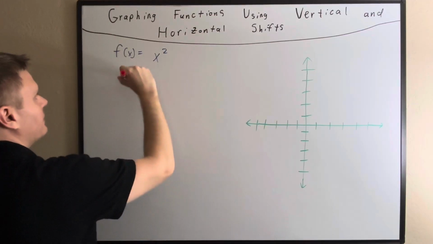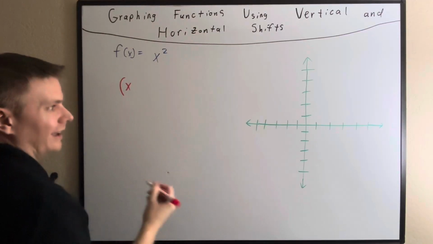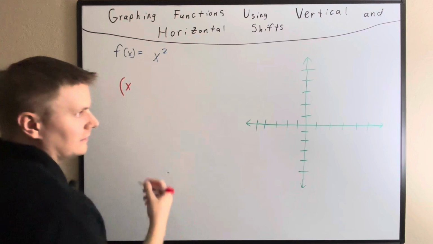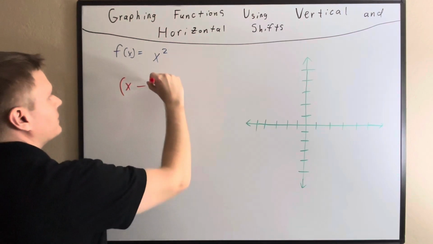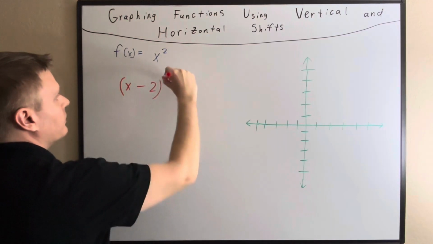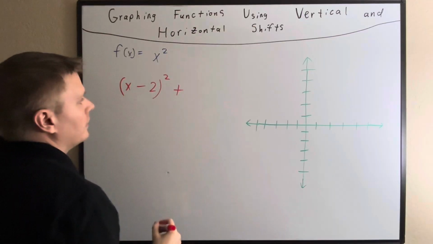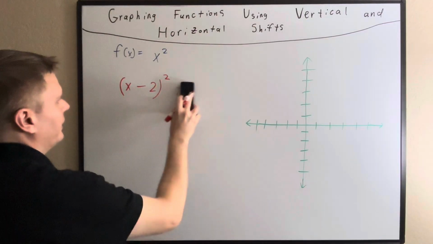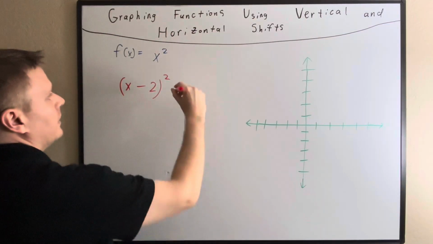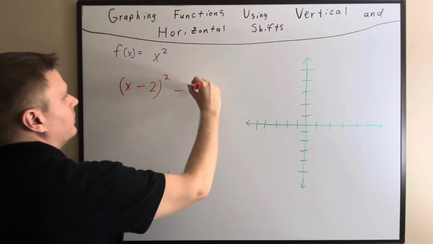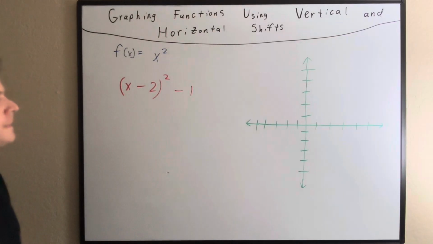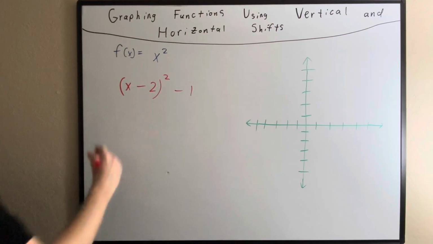So let's say x minus 2 squared, nah, let's not do plus, let's do minus 1. Okay.